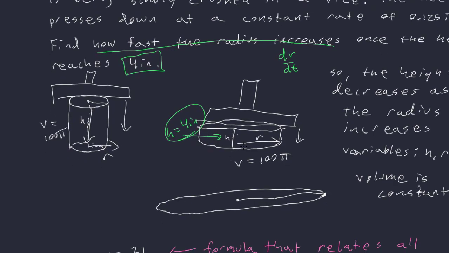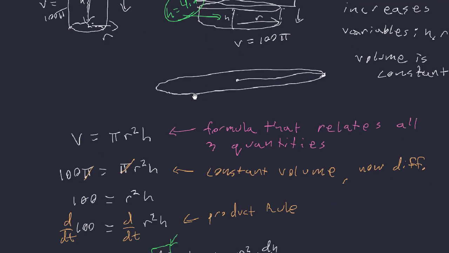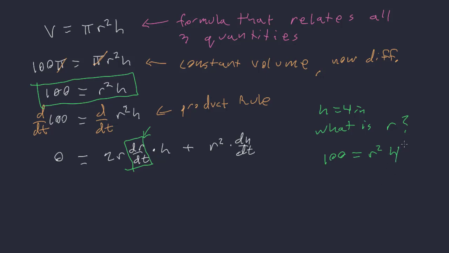Okay. Now, how would we find the radius when the height is 4 inches? Well, we would go to our volume formula, right? So here we know h is going to be 4 inches. The natural question is, what is r? Sort of like how before we've used the Pythagorean theorem or other things to find any missing quantities, here we are going to use this formula to find the missing quantity. 100 is going to equal r squared times 4, which is our h.